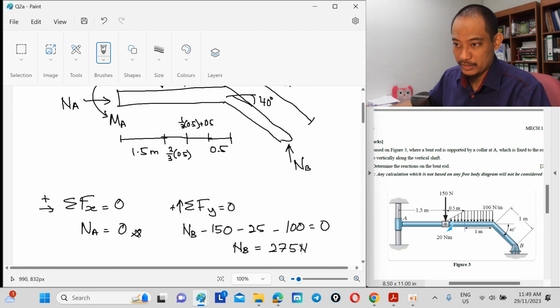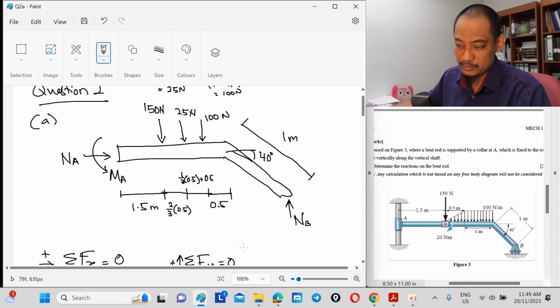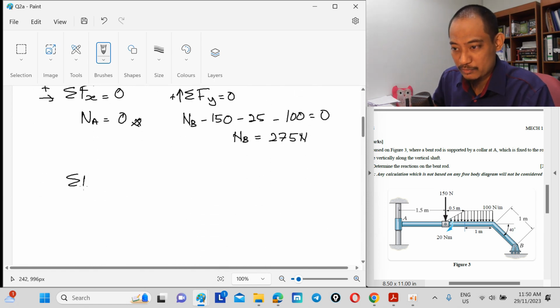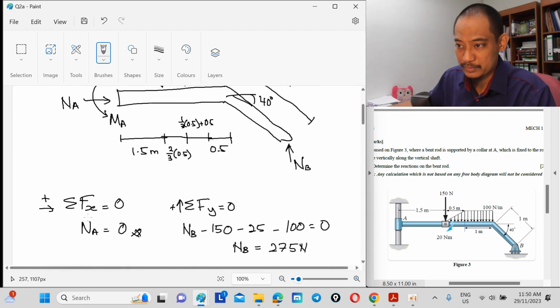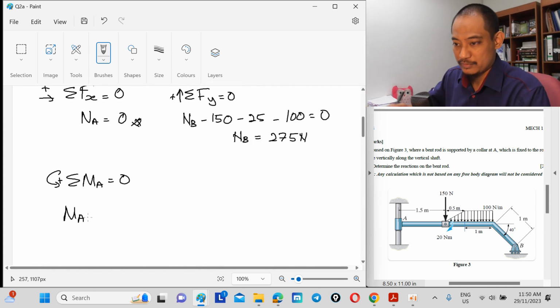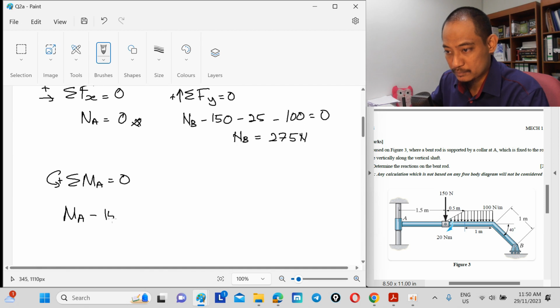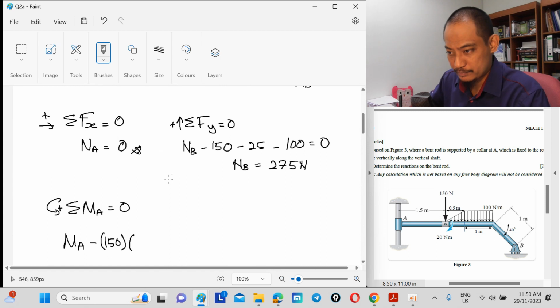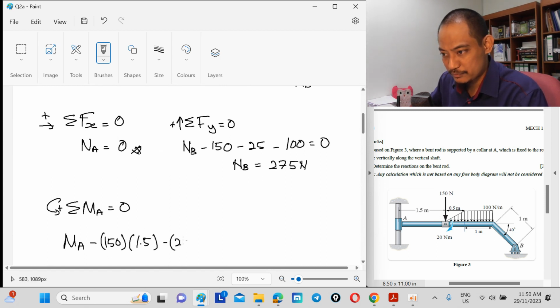And then moment. I assume moment counterclockwise. Never mind, it's an assumption. Summation of MA equal to 0 if you take counterclockwise positive. So you have MA obviously at that point. And then this one is clockwise, so minus 150 at a distance of 1.5. And then minus 25.